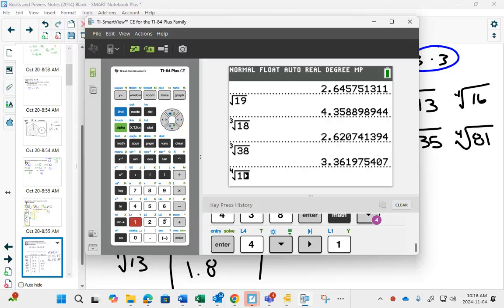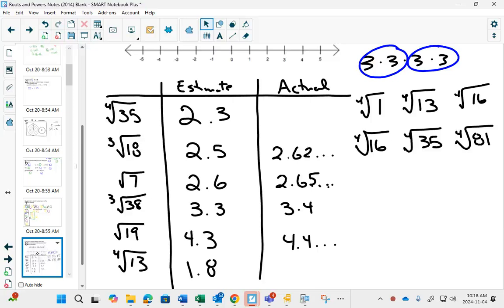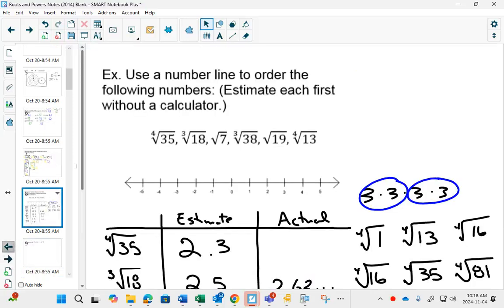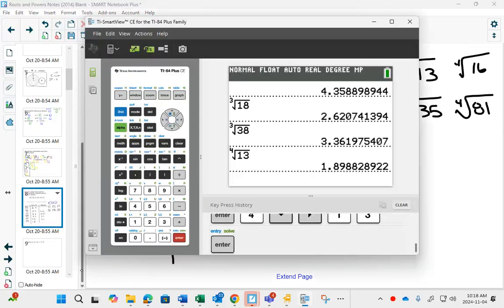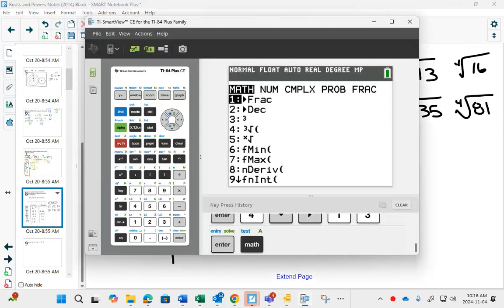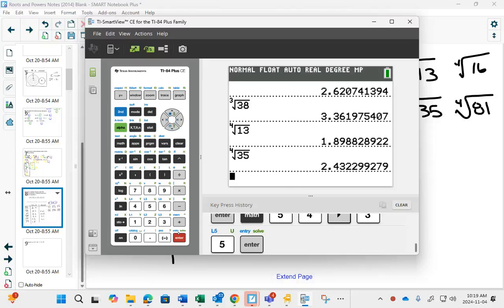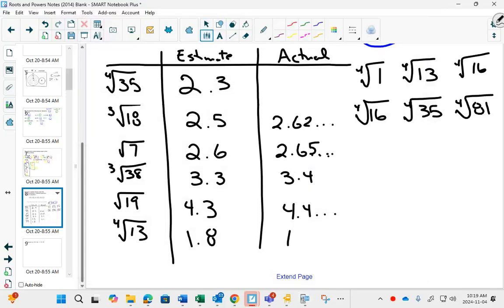So we want the fourth root of 13 and the fourth root of 35. 1.9 and 2.4. We're really close with our estimate, and 2.4.